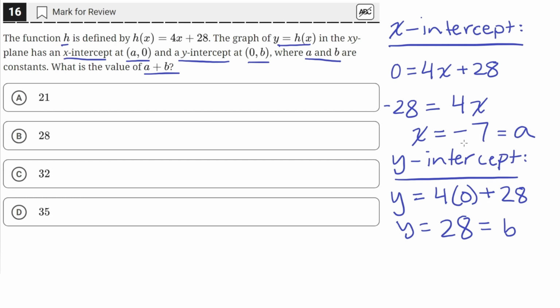So now we have the value of a and b, so we can just add those together. Negative 7 plus 28 is the same as 28 minus 7, which is just 21. So the answer choice is A, 21.